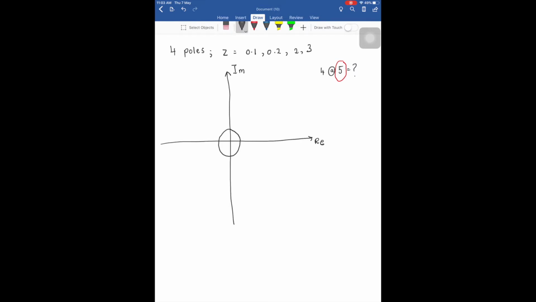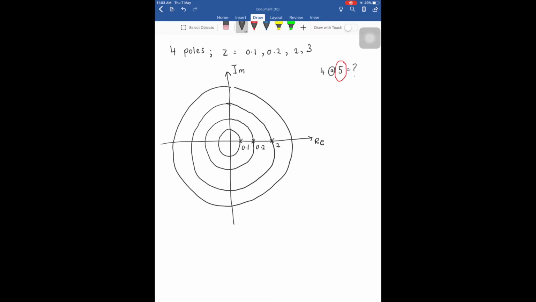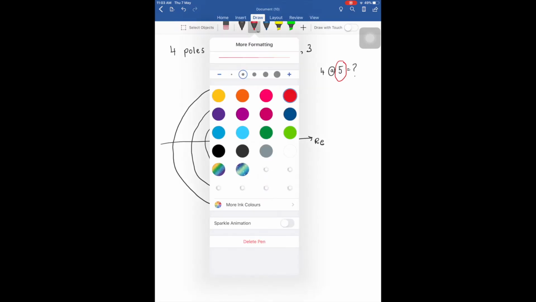Why do we have 5 ROC? I'm going to show you. The first circle is 0.1. Second circle is 0.2. Third circle is 2. Circle number 4 is 3. To determine your ROC, you have to remember the definition.